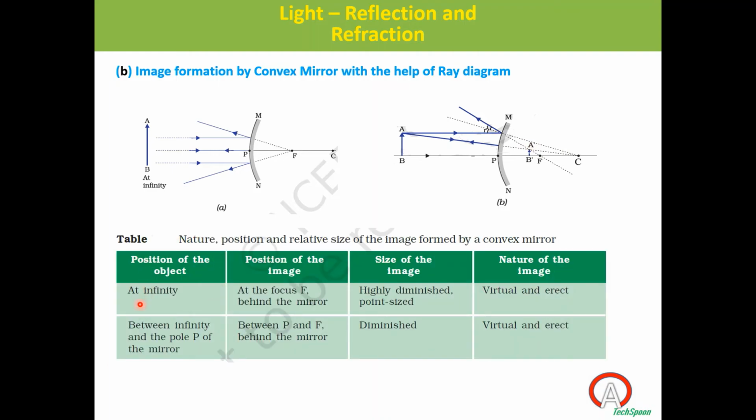In the case of the concave mirror, we studied six different positions, but for the convex mirror we have only two. Any point you keep the object, you will get the same kind of image.